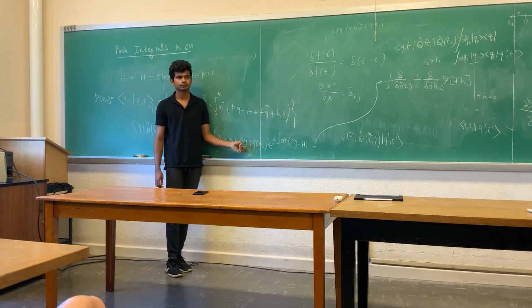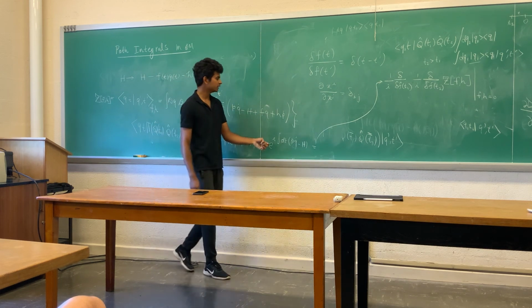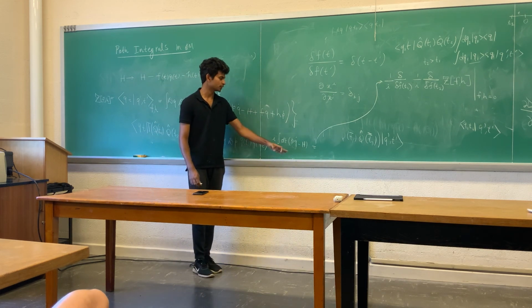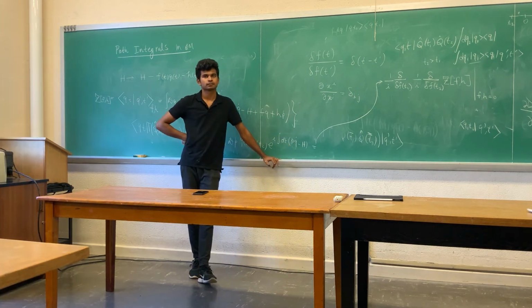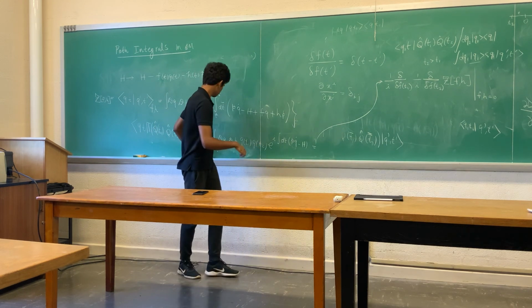Same for q of t2. And in the end I can just set f and h to 0. Is that clear, or should I explicitly do it? I'll explicitly do it.